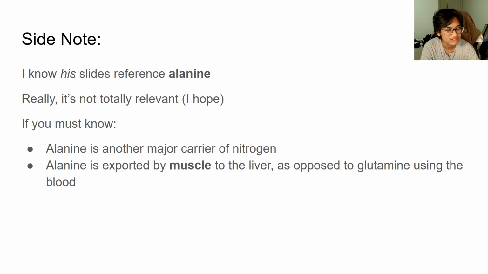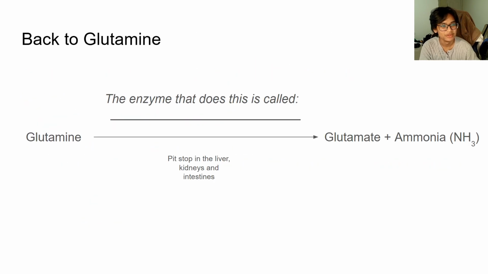Oh, I've accidentally gone, oops, okay. Sorry. Let's go back to that, okay? Going back to glutamine, let's see. Give me 1 second. Okay, so glutamine is the main carrier of nitrogen. We already know that because it's in his slides.